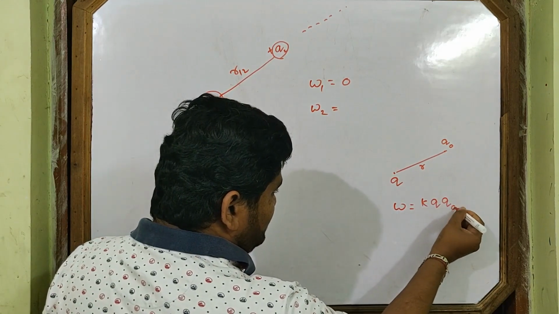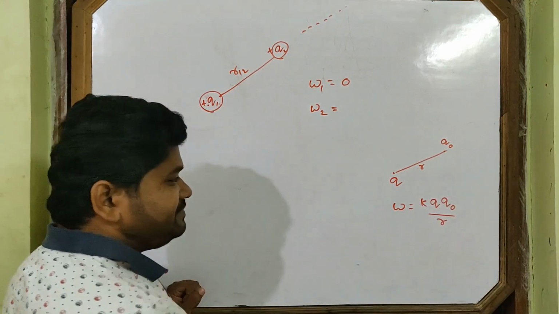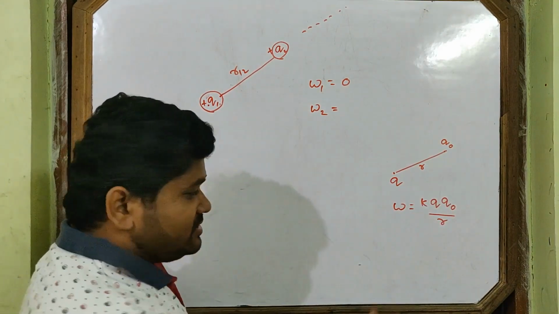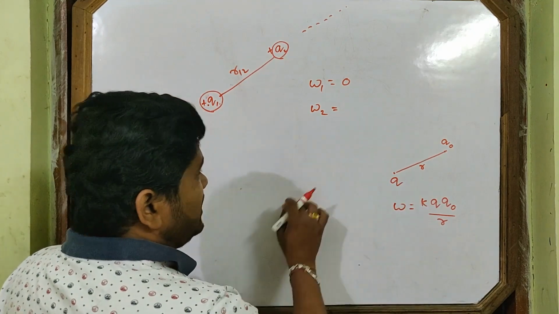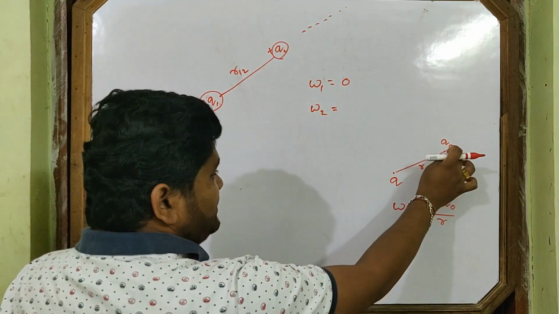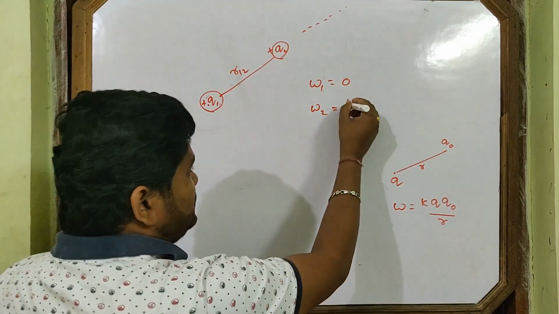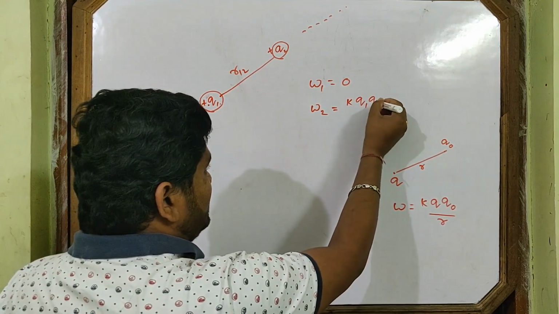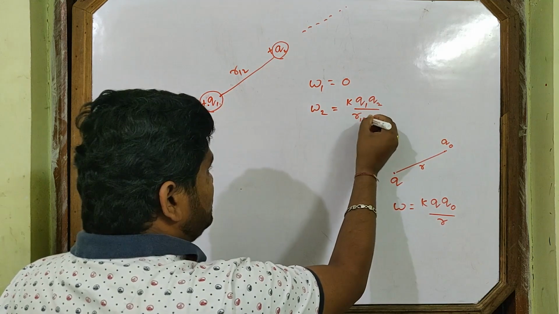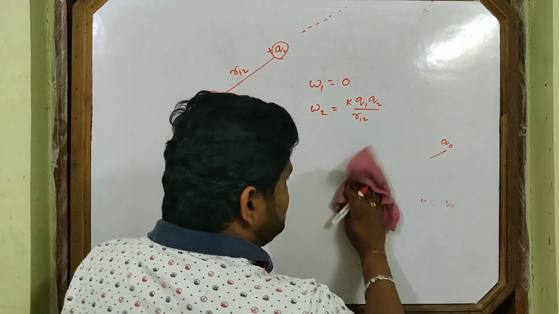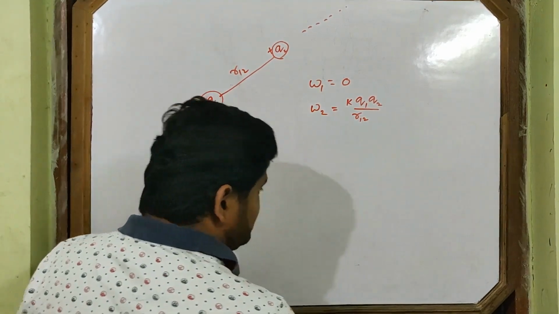K Q naught by R. You just see, I have already derived the work done expression. A similar expression I will put here. I am bringing Q2. In place of Q naught I am bringing Q2. In place of Q, here is Q1. So what is the work done? K Q1 Q2 by R12. Similar to this. Okay, so this is the work done to bring Q2 near Q1.